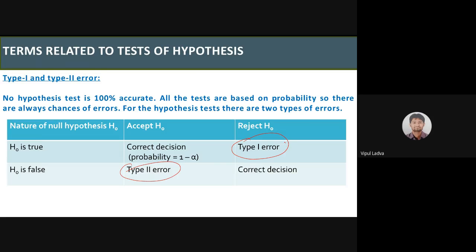A type 1 error will occur if a null hypothesis is true and we are going to reject that. Null hypothesis सही होने के बावजूद अगर हम reject कर रहे हैं उसको, then there is an error, and such kind of error will be known as a type 1 error.